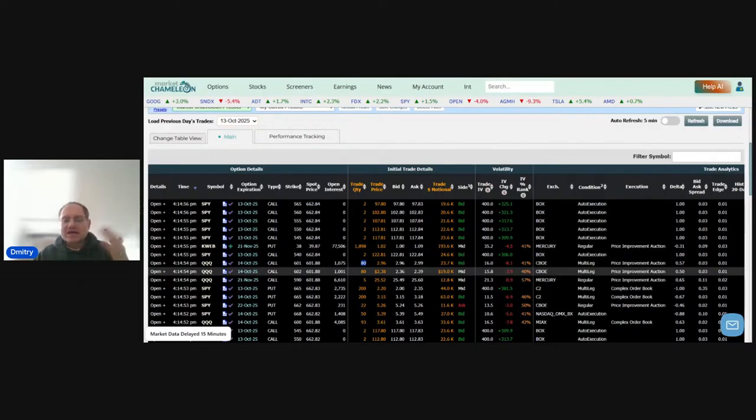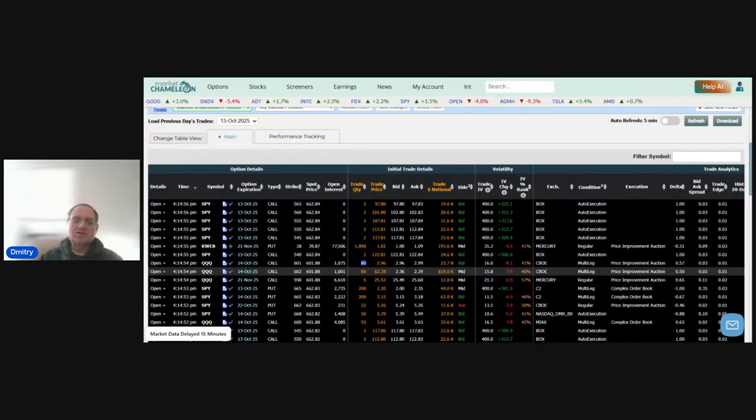So once I gather this information, then I could make an interpretation. Well, that is most likely a call spread, right? We have same expiration, different strikes, but same quantity. So that's most likely a call spread because of the two legs and the way it was traded.